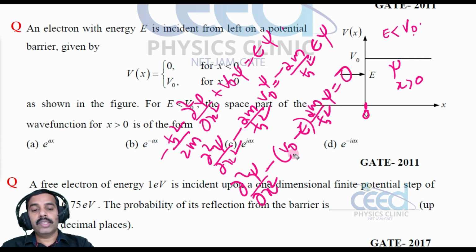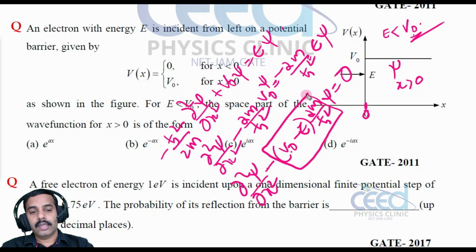Why have I written V0 minus E instead of E minus V0? Because V0 is greater, that is given in the question, so we have to write V0 first. All right. Now let me substitute a constant value A.